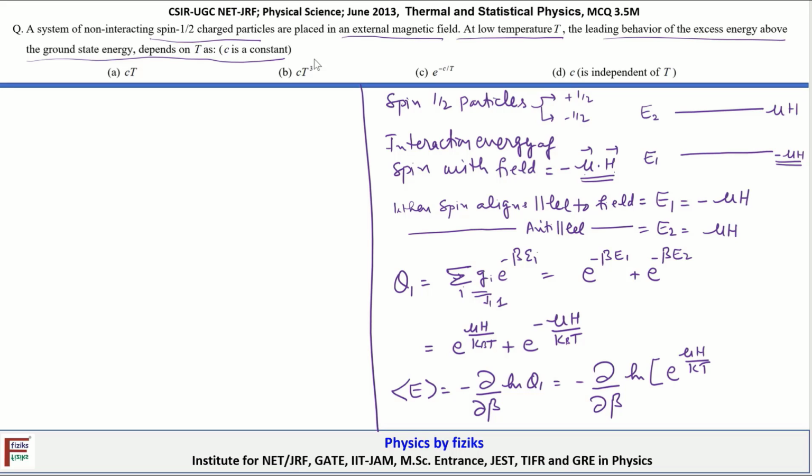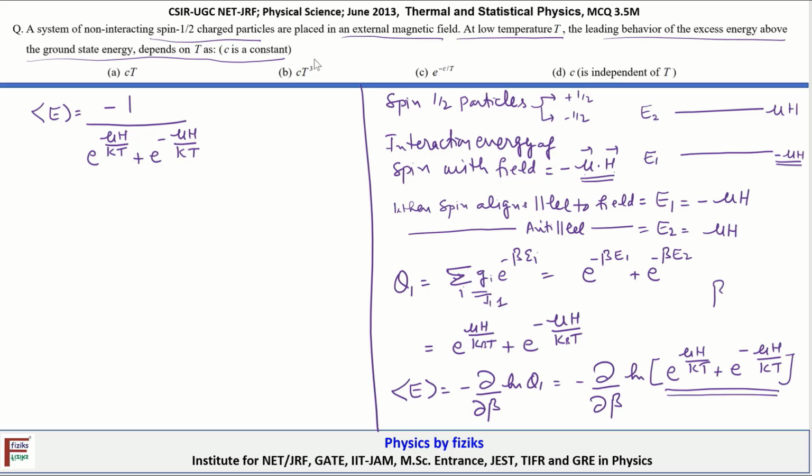Its differential turns out to be minus 1 upon exponential mu H by kT plus exponential minus mu H by kT, and then again the differential of this quantity with respect to beta, which is 1 by kT. Note that beta here is equal to 1 by kT.